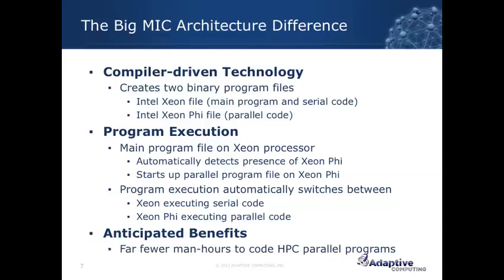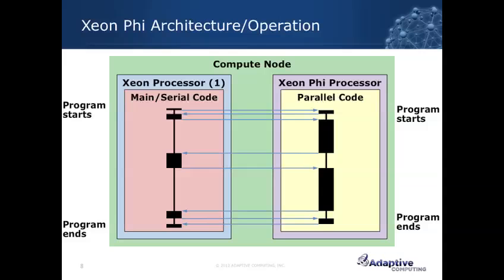Because it's compiled, it really allows the compiler and the program execution to take care of it for you, which is a brilliant architecture. Obviously, the anticipated benefit is a lot less developer time, which is awesome because we like to get work done and we don't want to create more work for ourselves to get that work done.